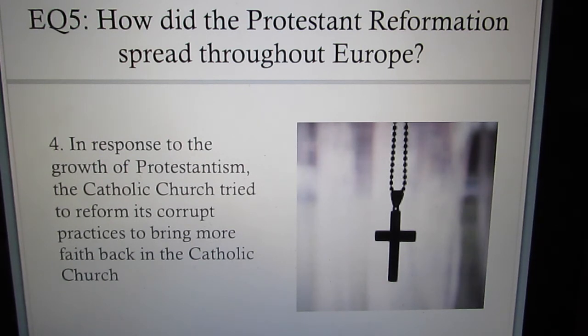So we see our own Catholic Reformation. The Catholic Church revitalizes in the 16th century to give it new strength and enable it to regain much of the power that it had lost during the Protestant Reformation. So we see a lot of changes made within the Catholic Church to bring back its followers that had left to go to the Protestant Reformation.